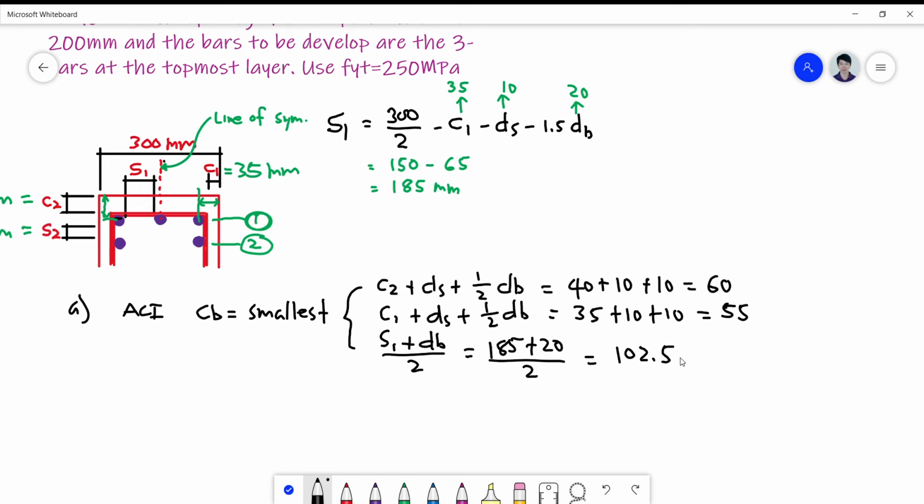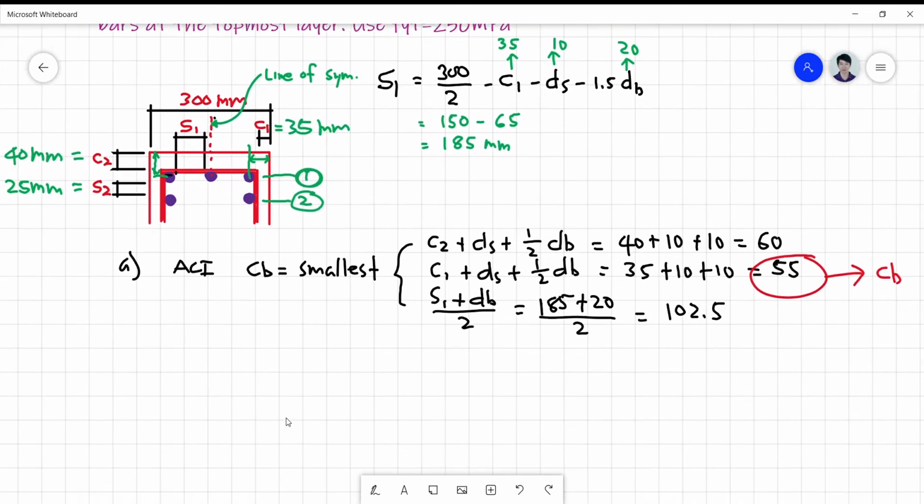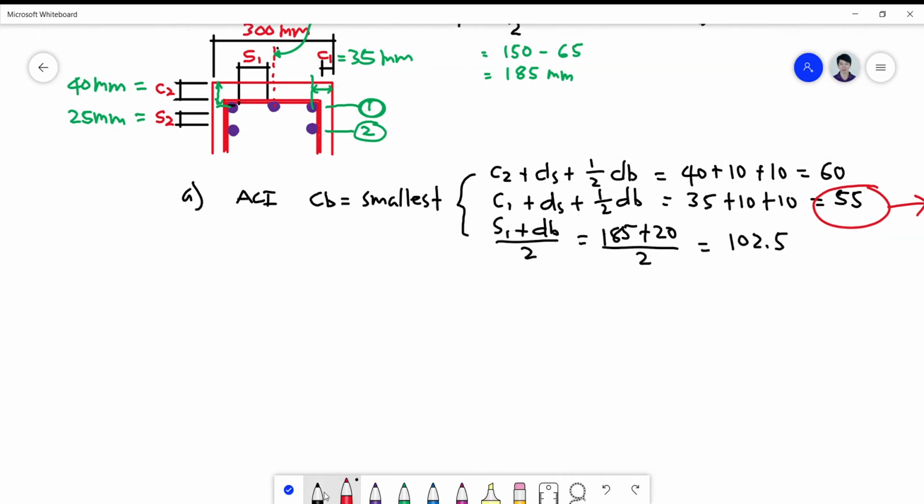Okay, so the smallest is, of course, this one here. So your CB becomes 55 millimeters. So that's how to do it. Code applications are not difficult, but you have to understand them fully to implement them correctly.